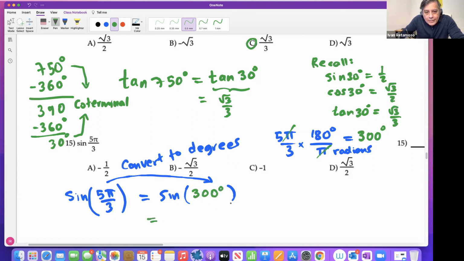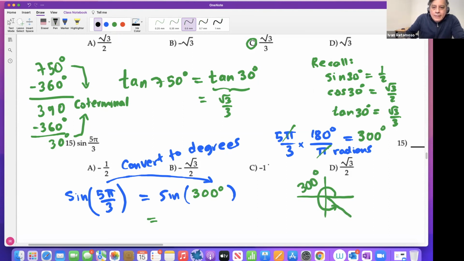Good. Now, this 300 degrees falls within a full revolution right here, and it has a reference angle. What is the reference angle, Professor? Well, it's the acute angle formed by the x-axis and the terminal side. It's this angle, and I even gave you a formula for this.